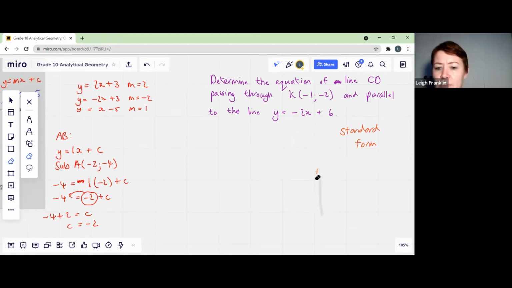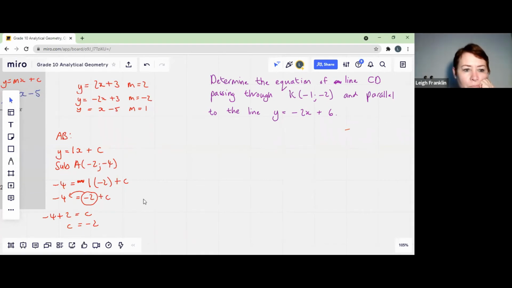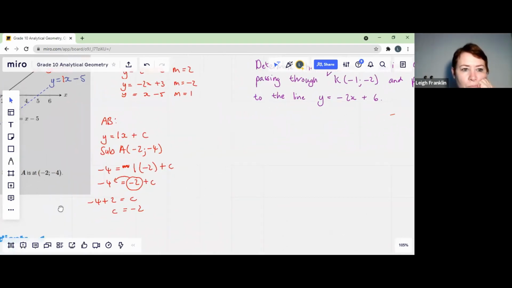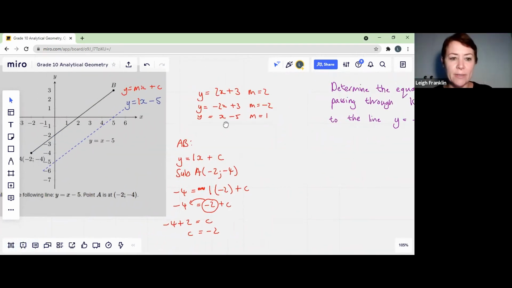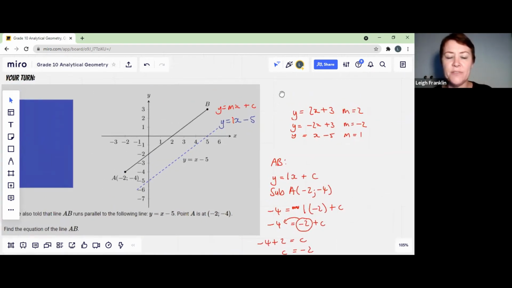Ma'am? Yes, Maya. From the previous equation where we said y is equal to x minus 5, does the negative 5 count, or is it just there? Do we put it into account when we work out an equation? So in this particular case, Maya, no. Harry says he's finished anyway.